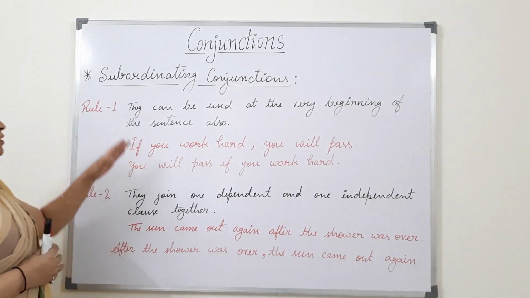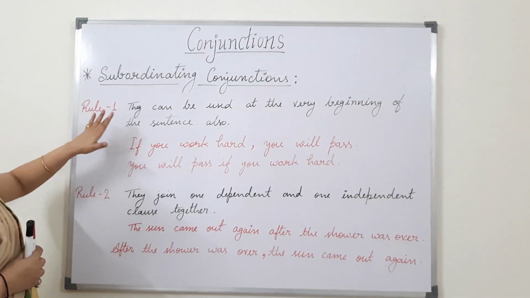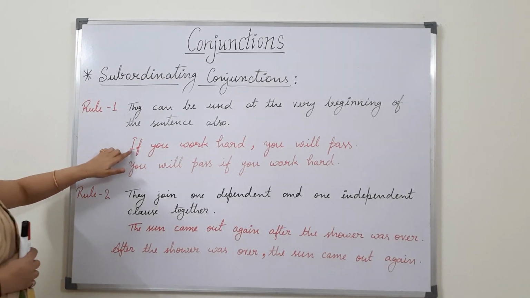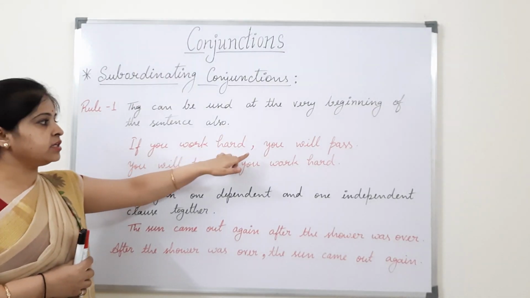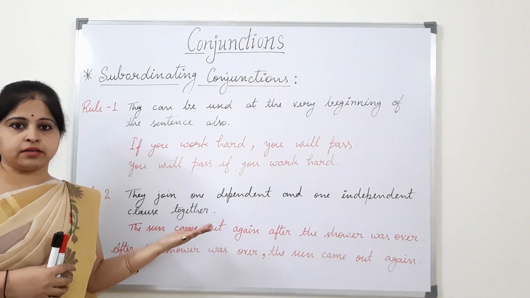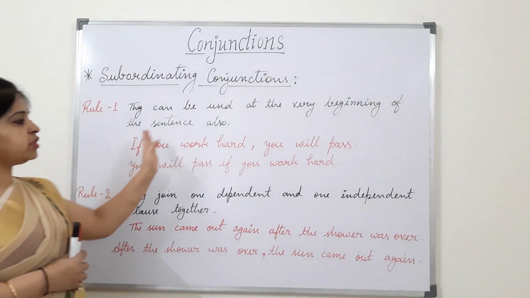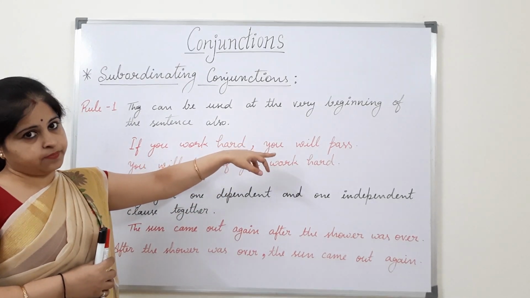And the first rule says that we can use subordinating conjunctions at the very beginning of the sentence also. You see, here in the first example, if you work hard, you will pass. But when we use it at the very beginning, before the beginning of the next clause, we put a comma.